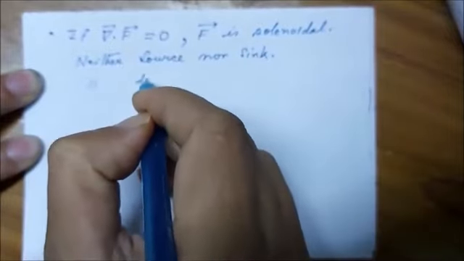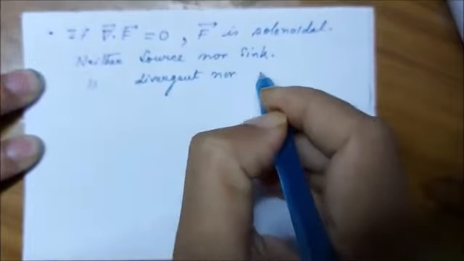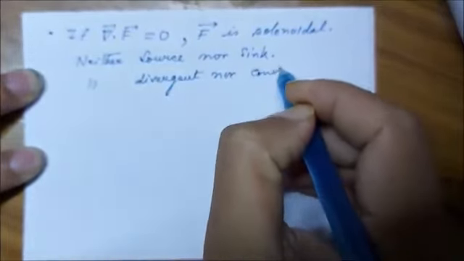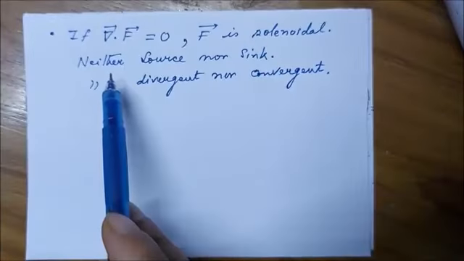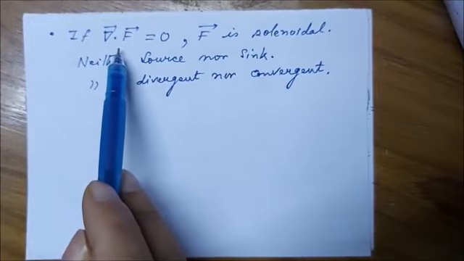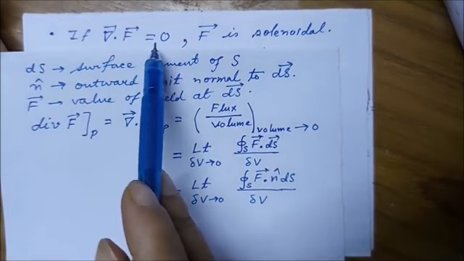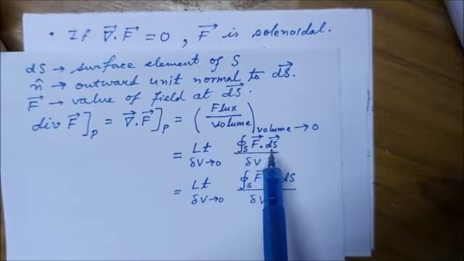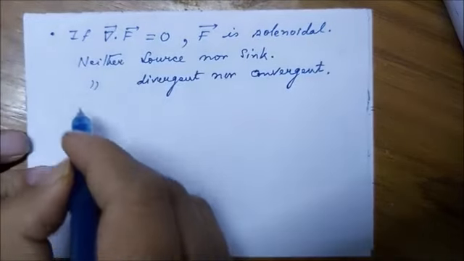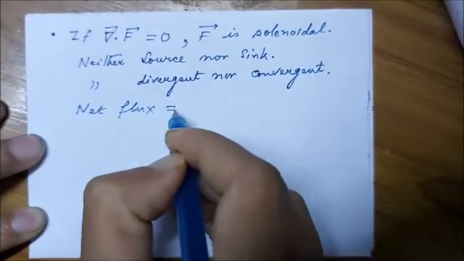This means neither divergent nor convergent. It follows straight away from the definition of divergence F that if divergence F is 0, then the flux is also 0. So net flux is 0.